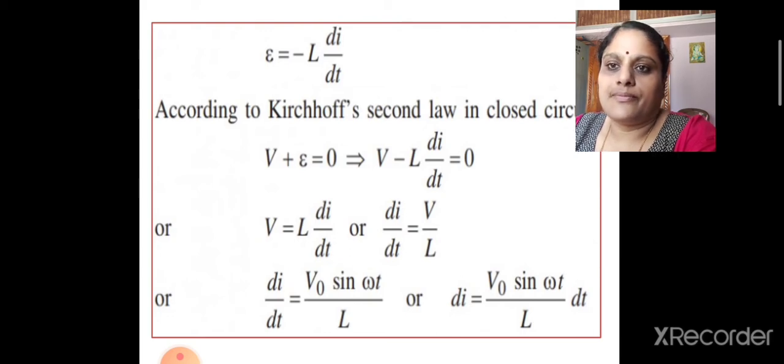Substituting for V as V0 sin omega t, we get di by dt equals V0 sin omega t by L. Or we can write di equals V0 sin omega t by L into dt.